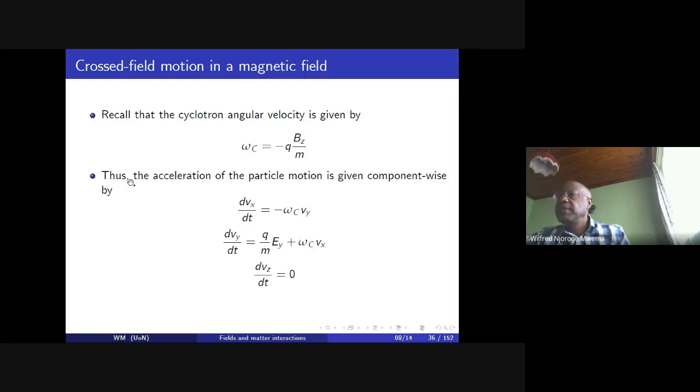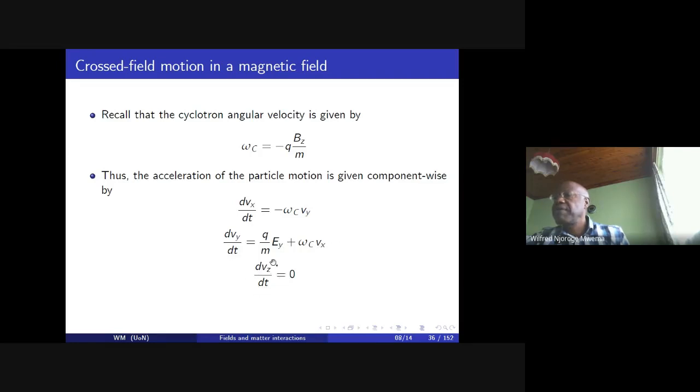And therefore, the acceleration of the motion will be given in component-wise form as dvx/dt equal to minus omega c vy, and dvy/dt equal to q/m Ey plus omega c vx, and dvz/dt equal to 0.